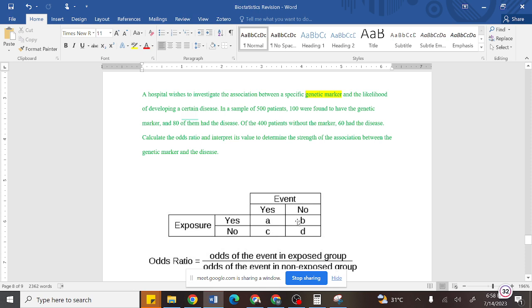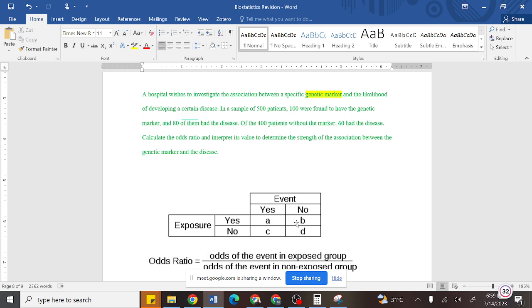Now, those who have the genetic marker but do not have the disease, how many are they? They are 20.